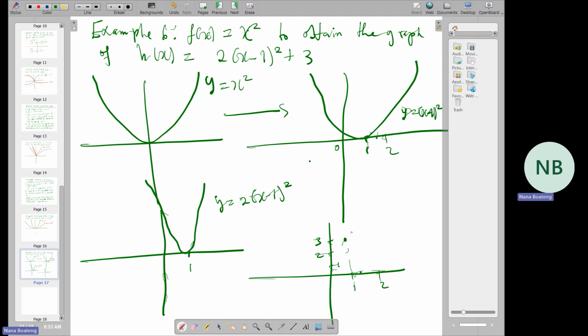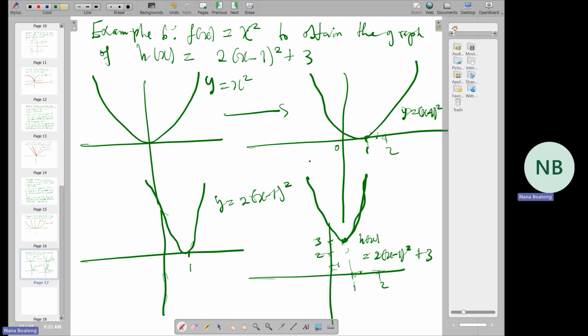So now it becomes, all right, so this is the final graph, h of x, which is equal to 2 times (x minus 1) squared plus 3. So this should be the final form.